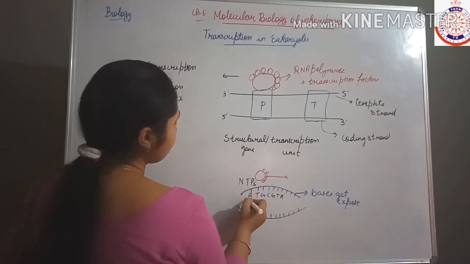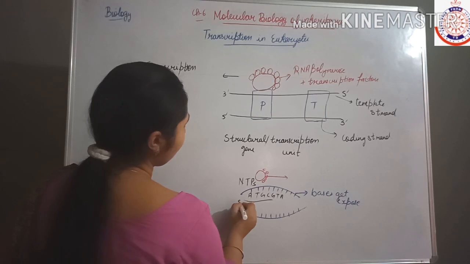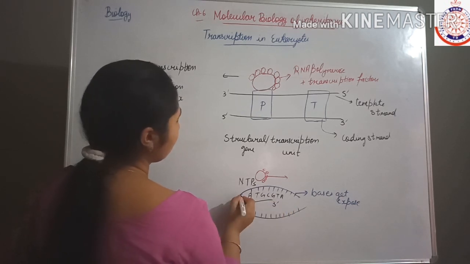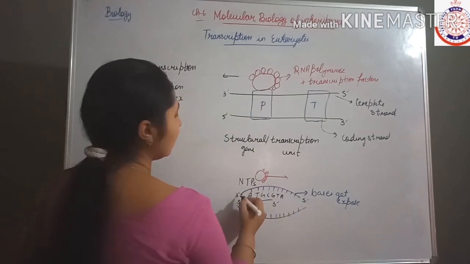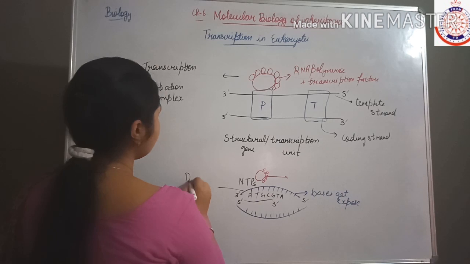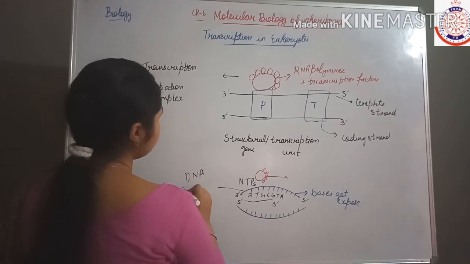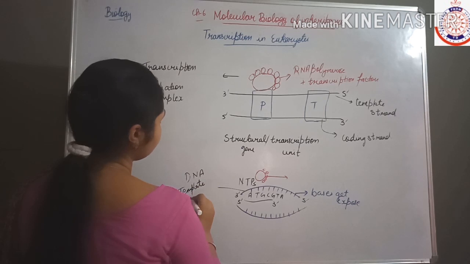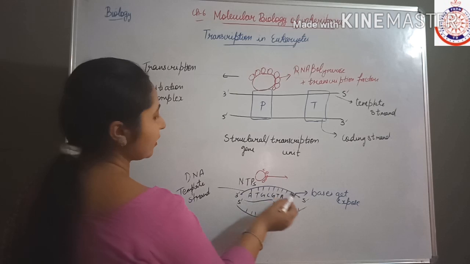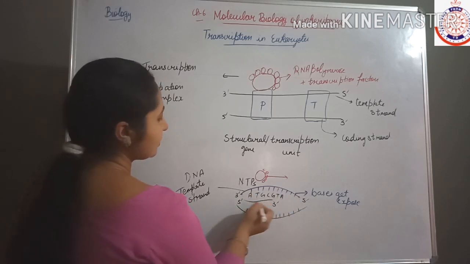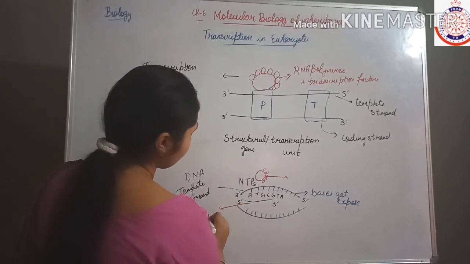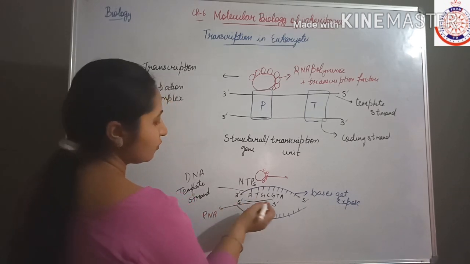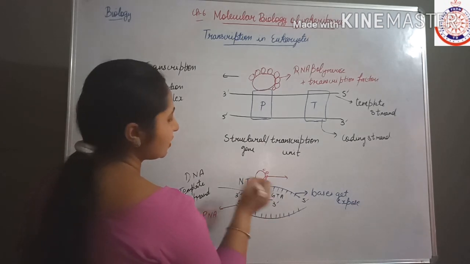It will synthesize from the 5' end to the 3' end, because the DNA template strand has the polarity 3' to 5' end, and this is the RNA chain which synthesizes from the 5' to the 3' end.